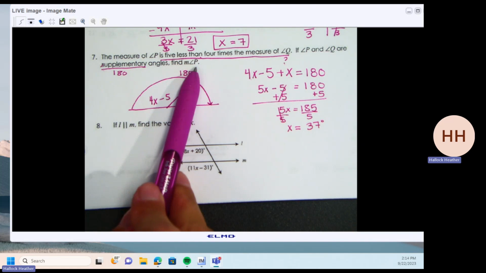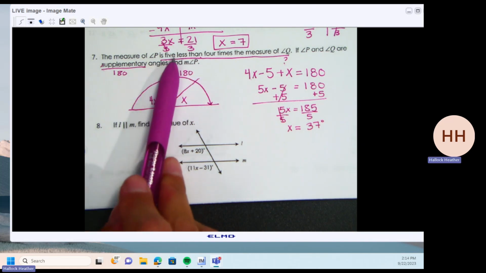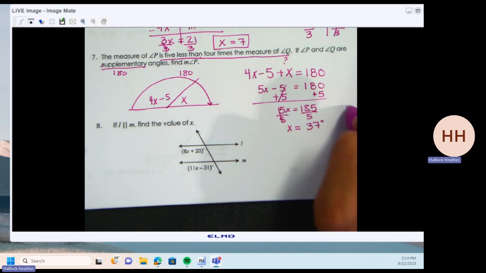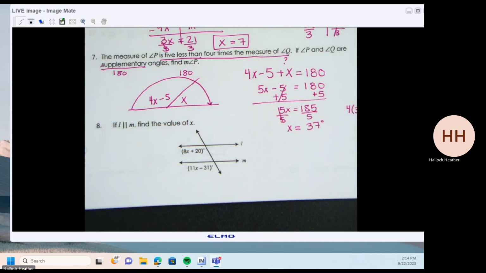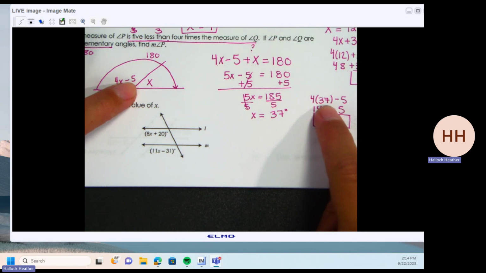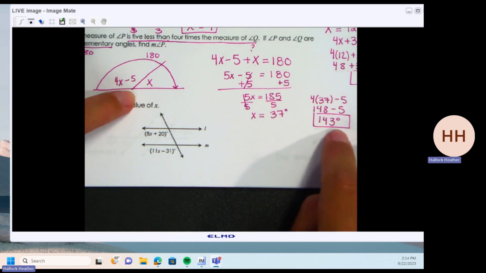Now it says find the measure of P. P is the angle that's 5 less than 4 times the measure of Q. So I'm going to plug 37 into this angle: 4 times 37 minus 5. 4 times 37 is 148, and minus 5 is 143 degrees. So this angle is worked out over here. I just took my x, 37, and plugged it in.